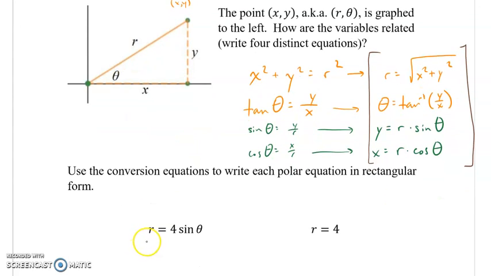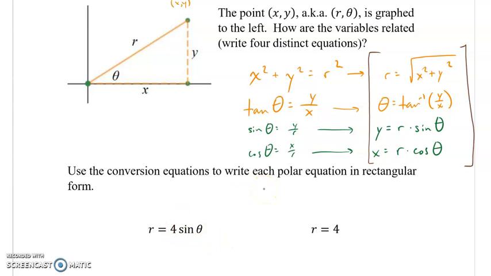So if I have an equation like r equals 4 sine of theta, then we can try to use these conversion equations to get x's and y's in there instead. So this is a little bit non-intuitive, but we don't want to replace r with the square root of x squared plus y squared. We could, but then we're going to get something messy over here.